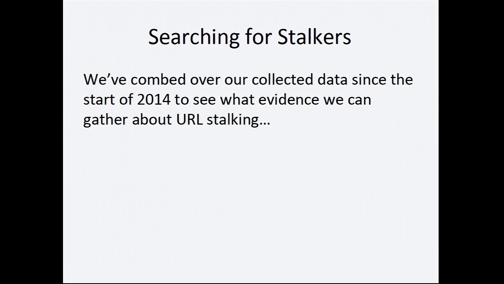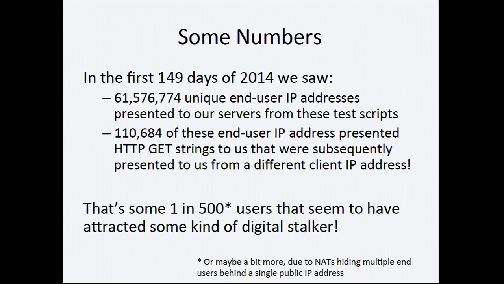So I started looking, and thought, well, okay, let's start at the start of this year, 2014, and see how many times this happened. Up until last Friday, 61 million, God, Google is good, 61 million unique end user IP addresses had these ads delivered to them, and 110,000 appeared to have a stalker. Now you go, it's 1 in 500.